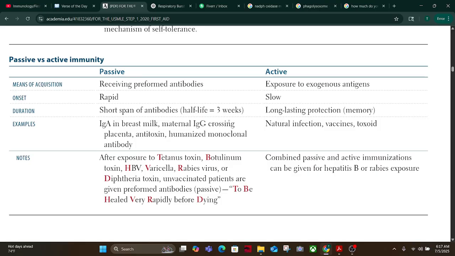So receiving preformed antibodies means like your mom made it before, for the baby. Like IgG. So your mother made that for you before you're born.